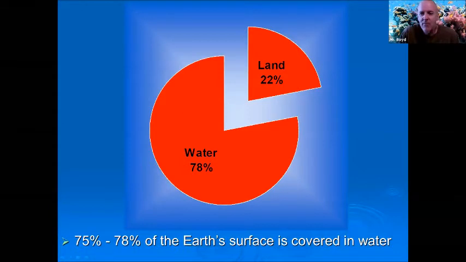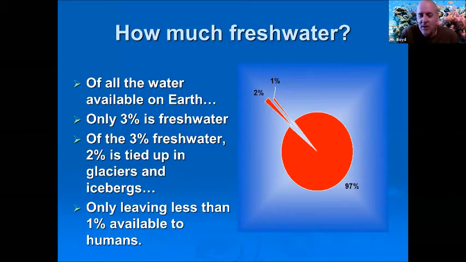And while we're talking about this, something very important for our area: how much of that water is fresh water? And it's not very much. Of all the water available on Earth, 3% is fresh water. So only 3% of the water on the planet is stuff we can drink. Of that 3%, 2% of that is tied up in glaciers and icebergs.